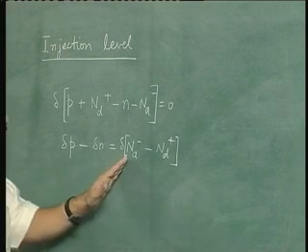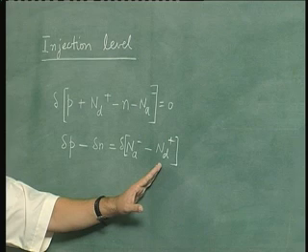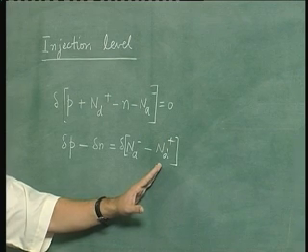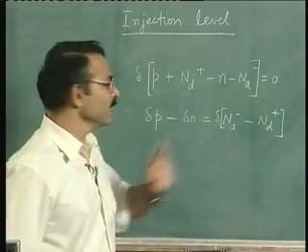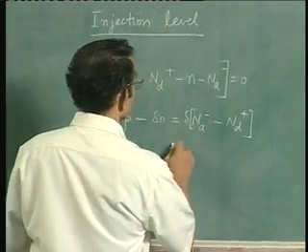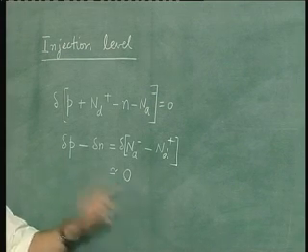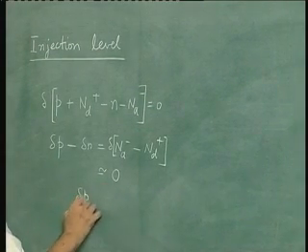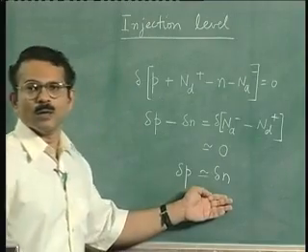If we assume that the change in the ionization of the impurities is 0, the impurity ionization state does not change, which is a reasonable assumption, then the left hand side can be equated to 0. So this means delta P can be assumed to be equal to delta N. This is the situation in most semiconductors.